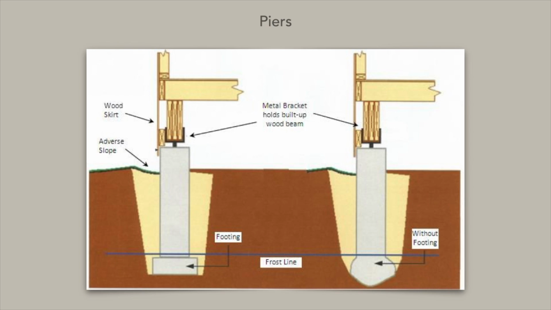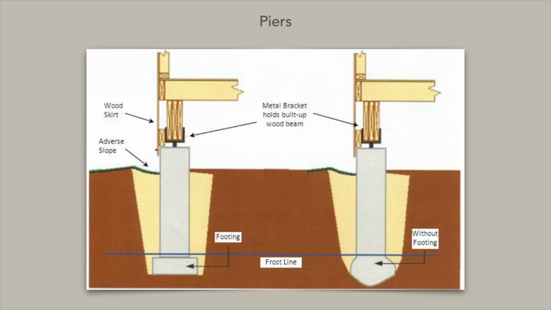A pier foundation is a long, cylindrical concrete tube that extends below the 4-foot frost line. Most piers are constructed of either poured concrete or concrete block bonded together with mortar, or in some cases, wood piers. These wood piers should be either pressure-treated, creosoted, or natural cedar.